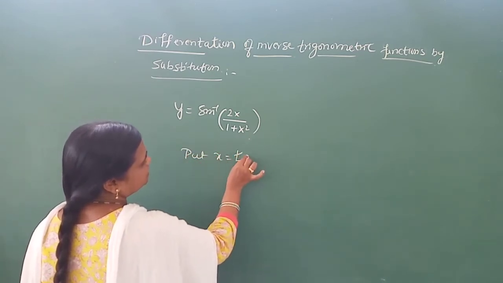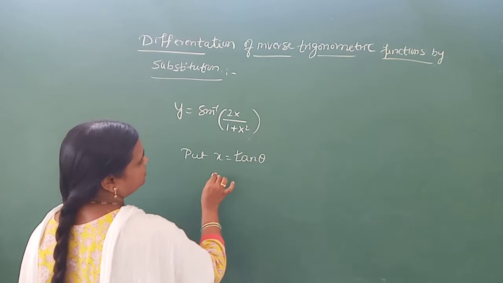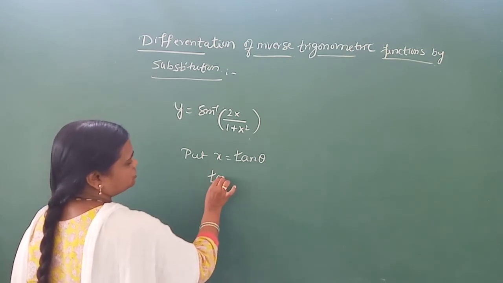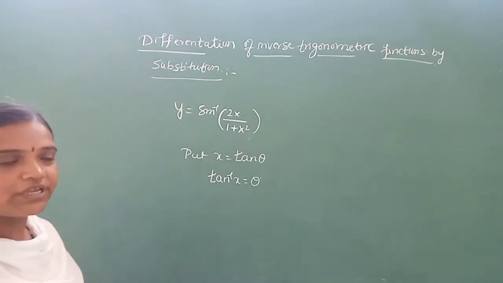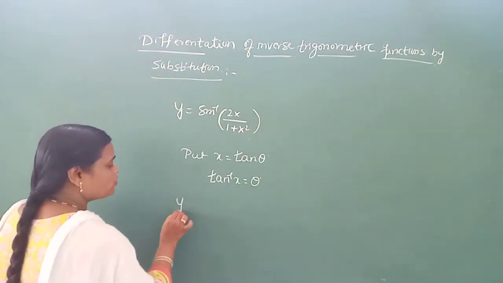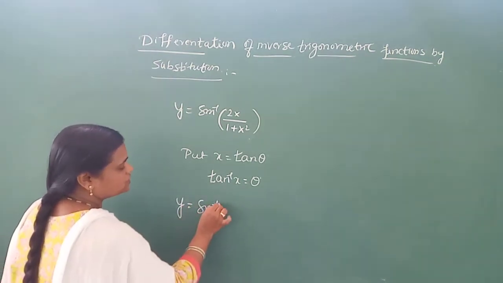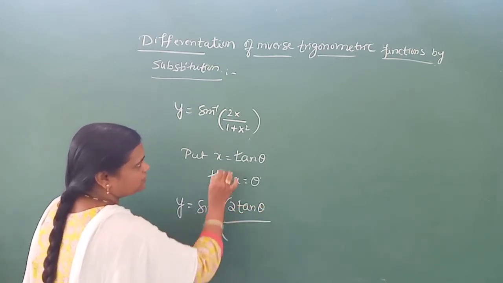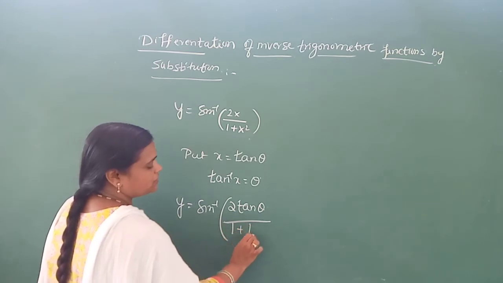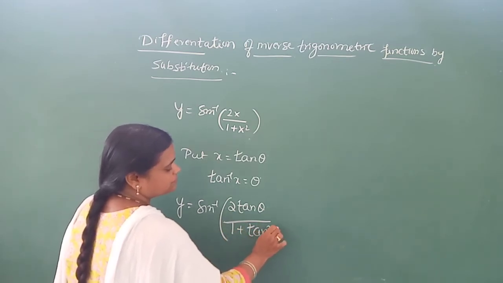If we substitute x equals tan theta, then by the definition of inverse trigonometric function, tan inverse x is theta. Next, y equals sin inverse of 2 tan theta divided by 1 plus tan square theta.